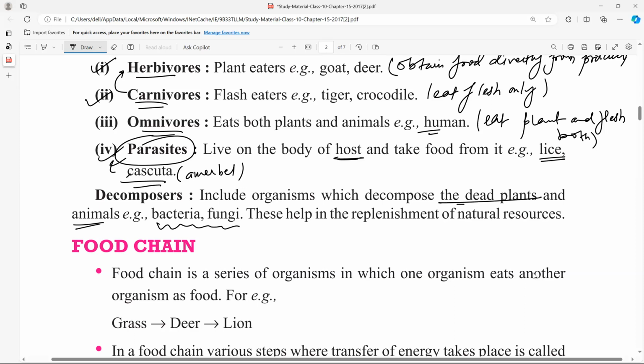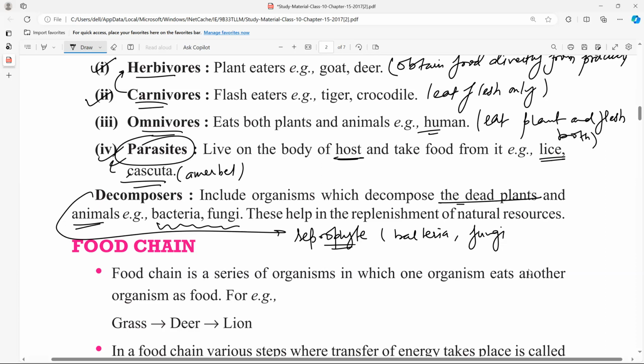So decomposers are the saprophytes. Saprophytes are generally bacteria and mainly fungi that obtain food from dead and decaying matter.